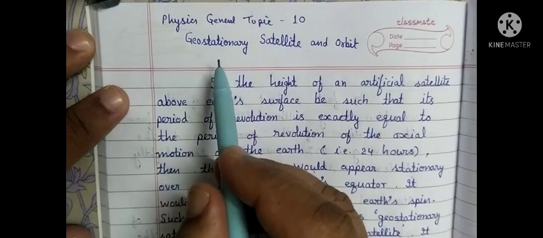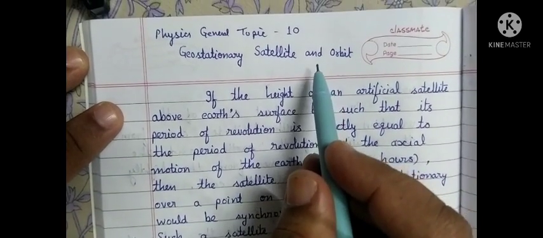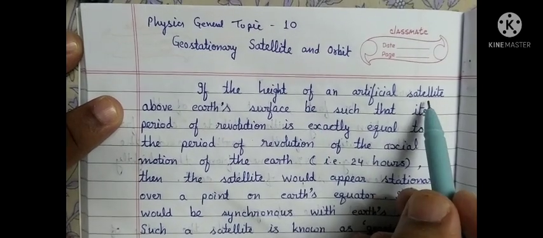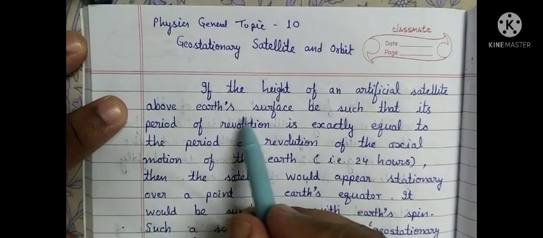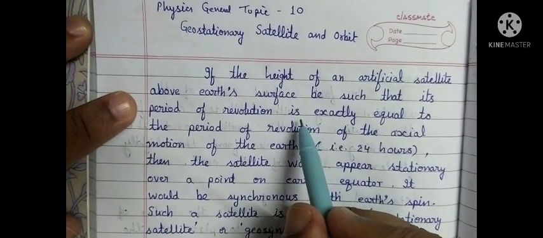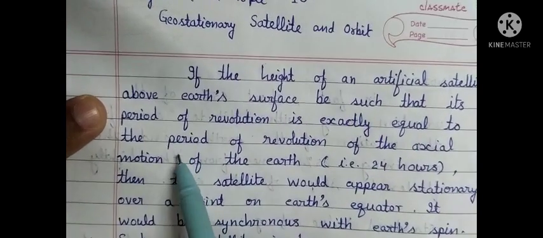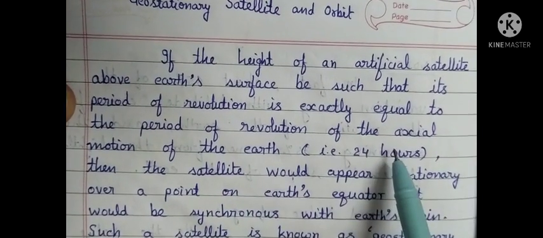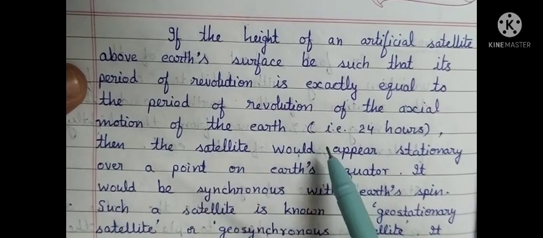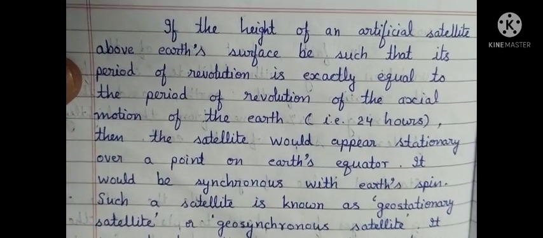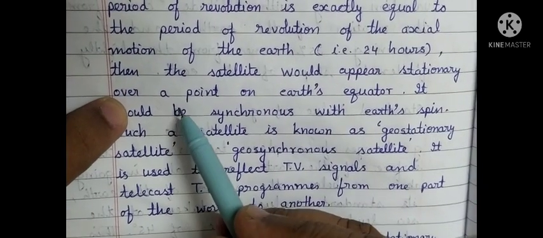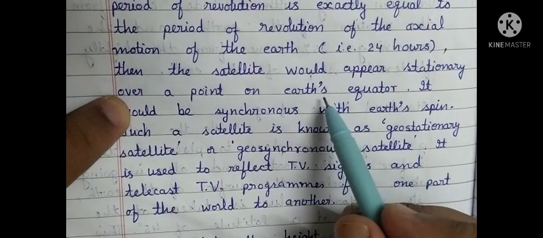Discuss about geostationary satellite and its orbit. If the height of an artificial satellite above Earth's surface be such that its period of revolution is exactly equal to the period of revolution of axial rotation or motion of Earth, that is 24 hours, then the satellite would appear stationary over a point on Earth's equator.